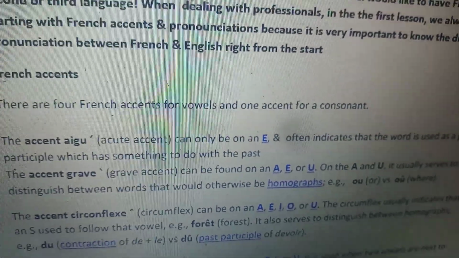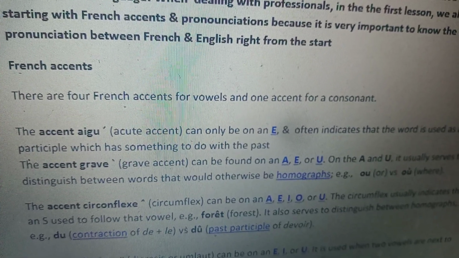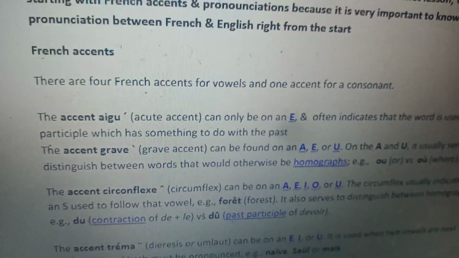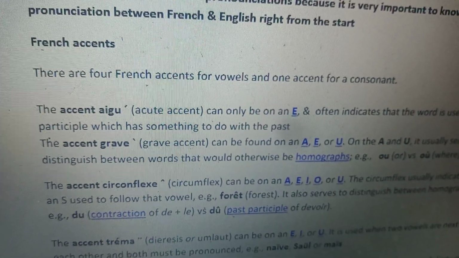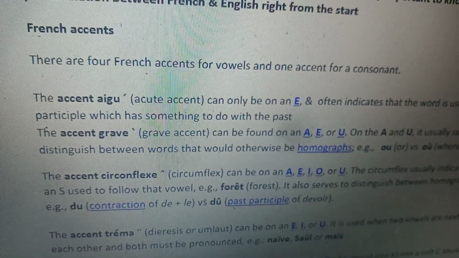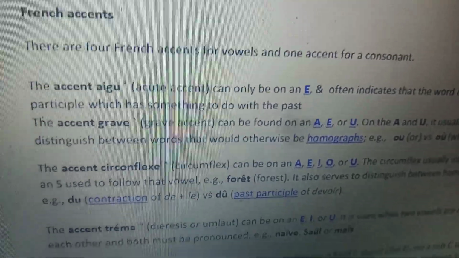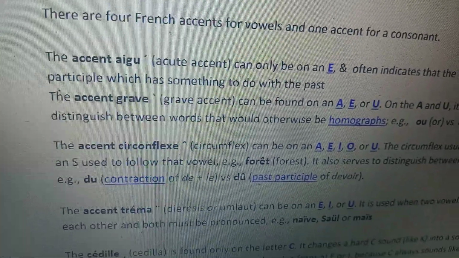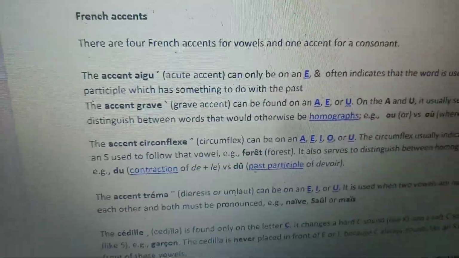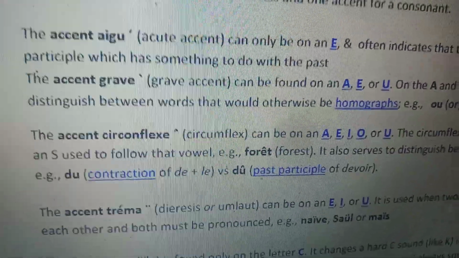You know what homographs are, for example du, which is a contraction of de plus le, versus dû, which is a past participle of devoir. So devoir means must. Je dois means I must. Or if it is a noun, devoir means duty.